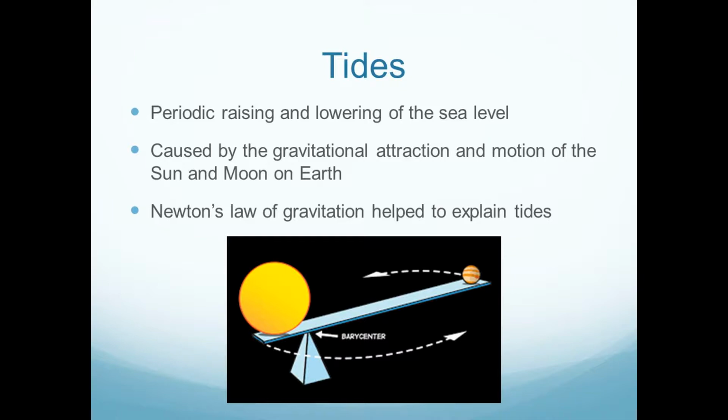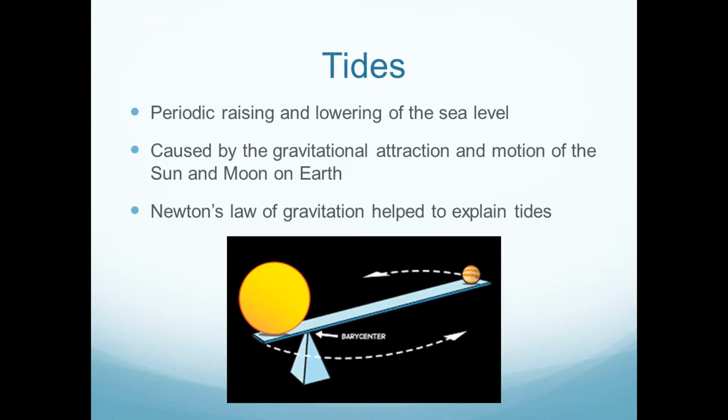And that's because the earth is not rotating around the sun, more so both the sun and the earth are rotating around each other. So when you do that, you have a center, a barycenter, that is offset towards the largest object, which is the sun. And this can be explained using Newton's law of gravitation.